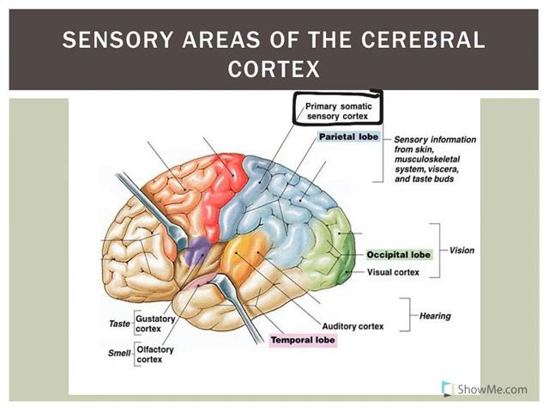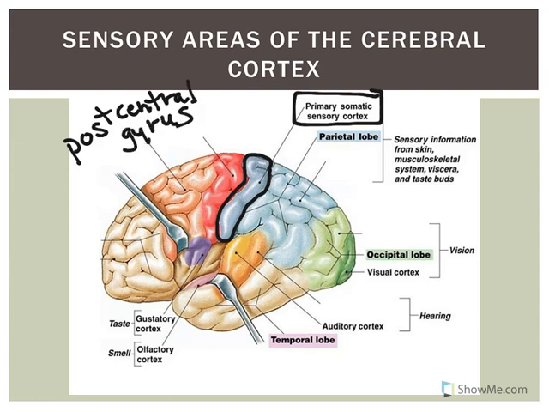That's specifically located right here, in the post-central gyrus of the parietal lobe. So it's the post-central gyrus of the parietal lobe. This is important in interpreting information, say tactile information: touch, vibrations, pressure, temperature, pain. So that's going to be interpreting that type of information.